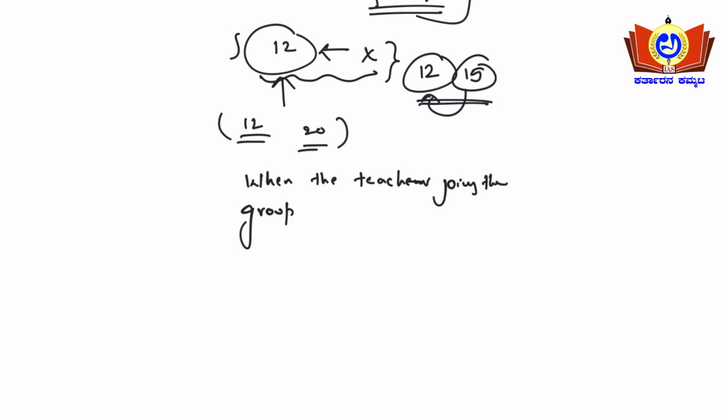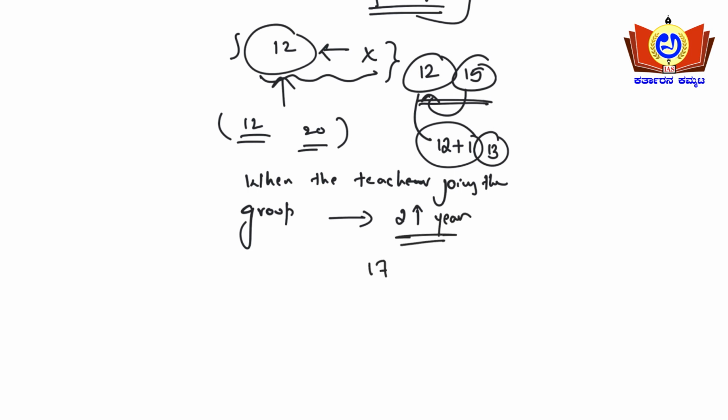So the count becomes 12 plus 1, that is 13 now. Initially there were 12 students, now the teacher has joined, so the total count is 13. Then the average will be increased by 2 years, so the new average is 17.